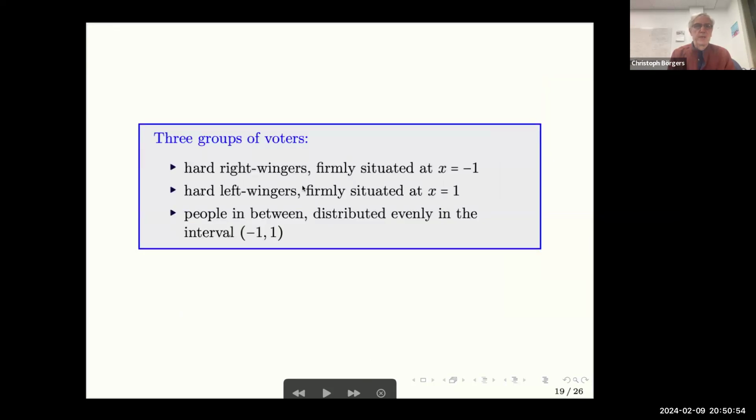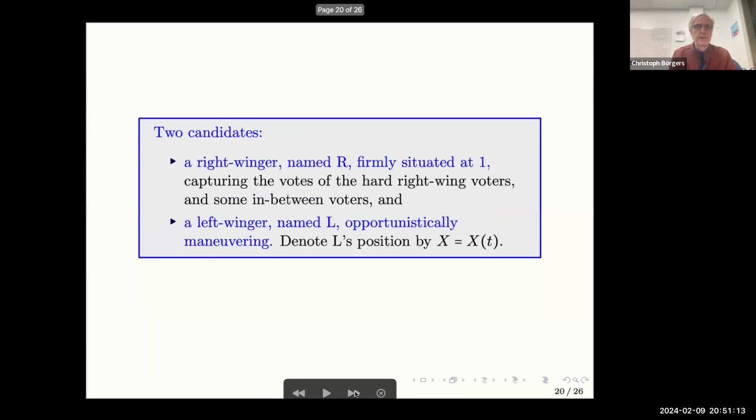We now assume that there are three groups of voters, namely the hard right-wingers, which are, I'm sorry, I have it reversed here. The hard right-wingers are at x equals 1, the hard left-wingers are at x equals -1. I'm sorry about that. Right and left are reversed here. And the people in between are distributed evenly in the interval between -1 and 1.